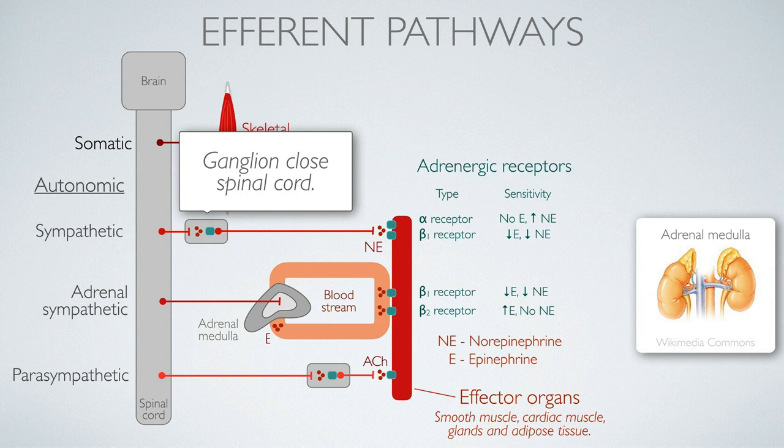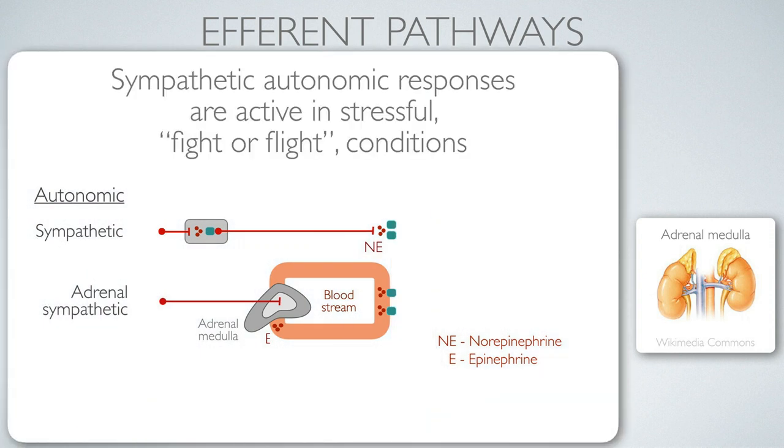Okay, so the sympathetic and adrenal sympathetic are two pathways that have some similarities. They definitely have a strong similarity in function. So together, the sympathetic autonomic responses are active in stressful fight or flight conditions. Okay, if you're being chased by a bear, then your sympathetic and adrenal sympathetic pathways are active.